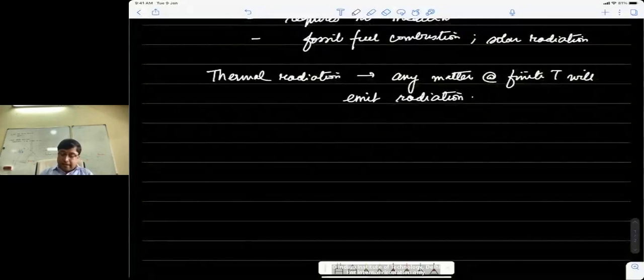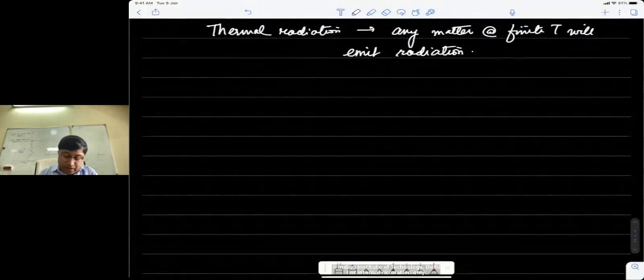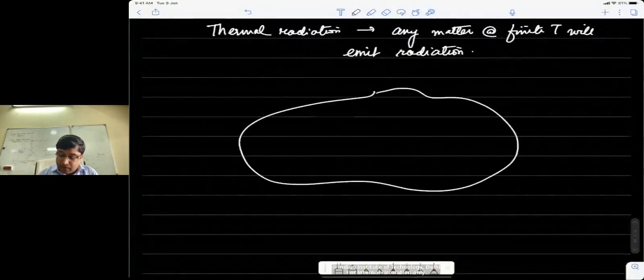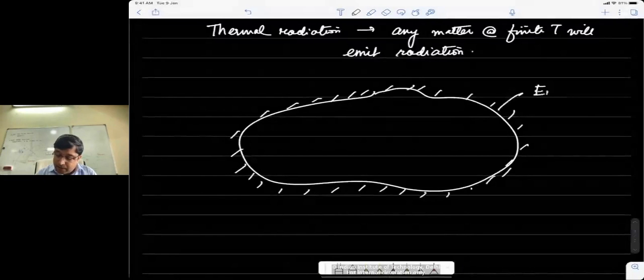scenarios, and as a simple thought example, and some of you may be familiar with this. So let's say we have a large enclosure which I'm going to call surroundings. Okay, so maybe we have a large enclosure which could be a cavity or some box. So this is an enclosure, let's say, which has some temperature, let's say T surrounding.